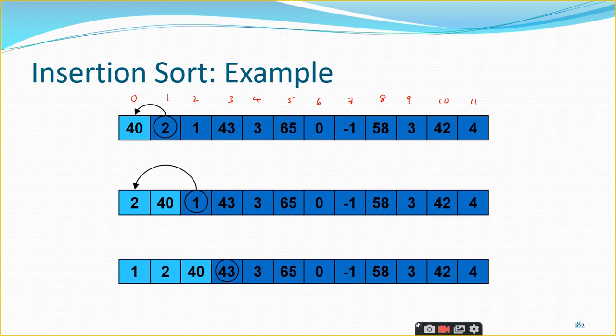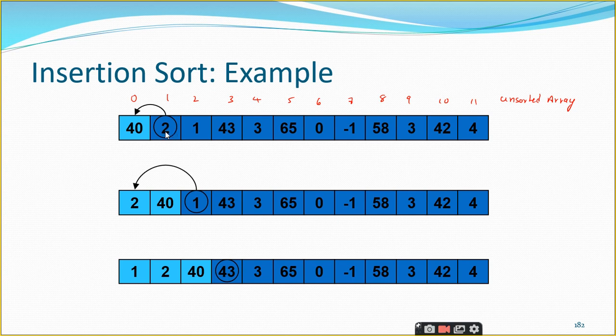So, in this particular scenario, I have the array index ranging from 0 to 11. These are the unsorted list of elements. Initially, we take the given list as the unsorted array. All the elements of the list will be considered to be under the unsorted array. And then, when you go on implementing the insertion sort, you will move the elements from the unsorted array to the sorted array. That is it.